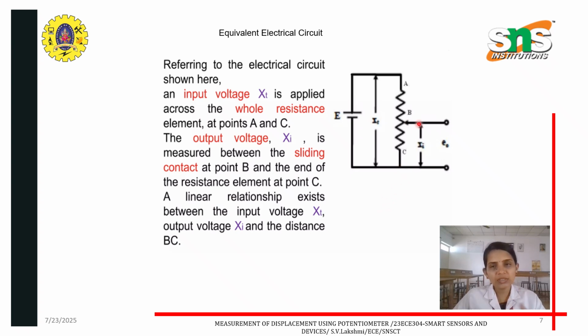As the slider moves, there occurs a change in the resistance, which is taken as a change in the voltage at the output, through which the movement of the object can be calculated with the help of this potentiometer.